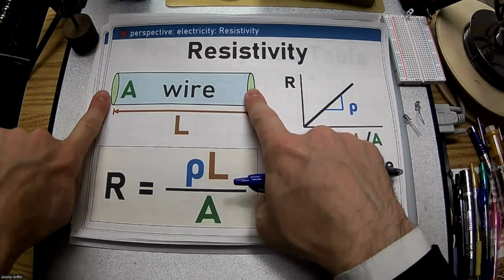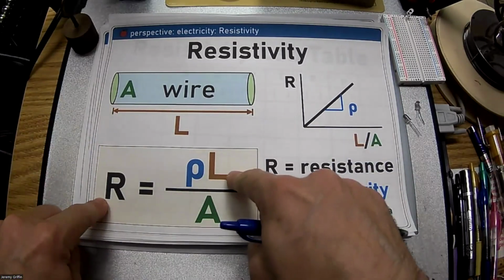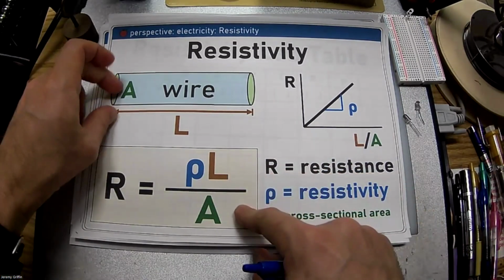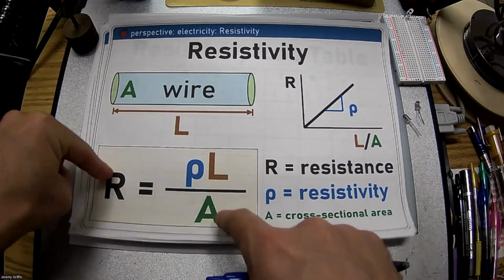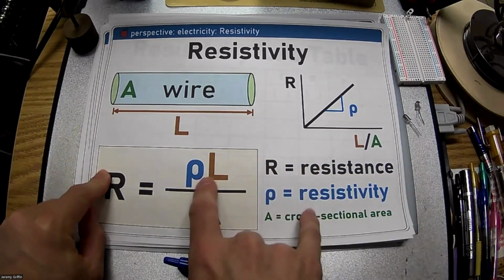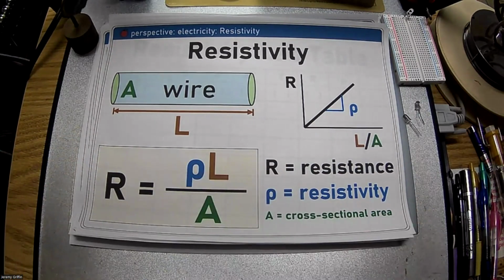So what's the resistance end to end? Well, the longer the wire, the more the resistance. The thicker the wire, the less the resistance. That's this relationship. And then there's also this material property, resistivity, which tomorrow you can figure out for platinum. All right, we'll get there when we get there.